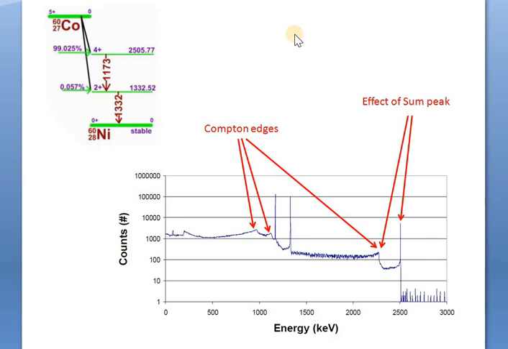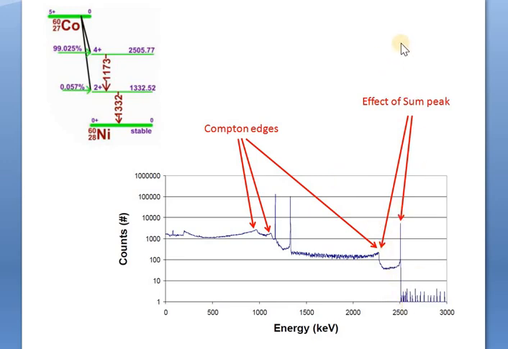It will just see the amount of energy deposited, which will be the sum of the two gamma energies. So the detector will respond as if it is seeing a gamma ray with the summed energy, and it will show a full energy peak corresponding to the sum of the two gamma energies. This is known as the sum peak.